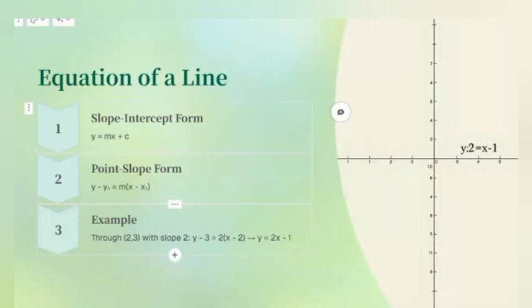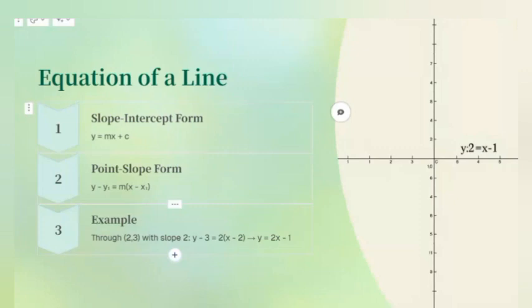So very simply, with the point 2, 3, we know that the x is always written before the y. So we know that our x1 is 2 and our y1 is 3. We can simply plug all the values that we have into the formula. So we have y minus y1, which is 3, is equal to 2, which is our slope, into x minus x1, which is 2.